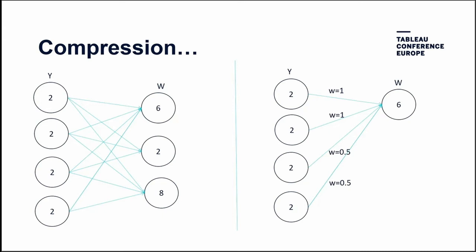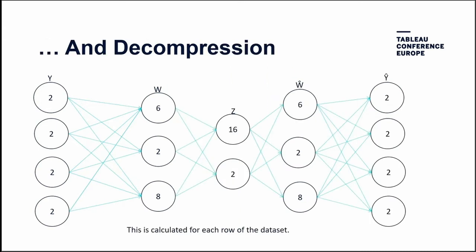So what happens here is actually 2 times 1 plus 2 times 1 plus 2 times 0.1 plus 2 times 0.5 plus 2 times 0.5 is 6. It is not as easy as I put it here, but you can assume that this is basically how it works. So this happens for all of them.